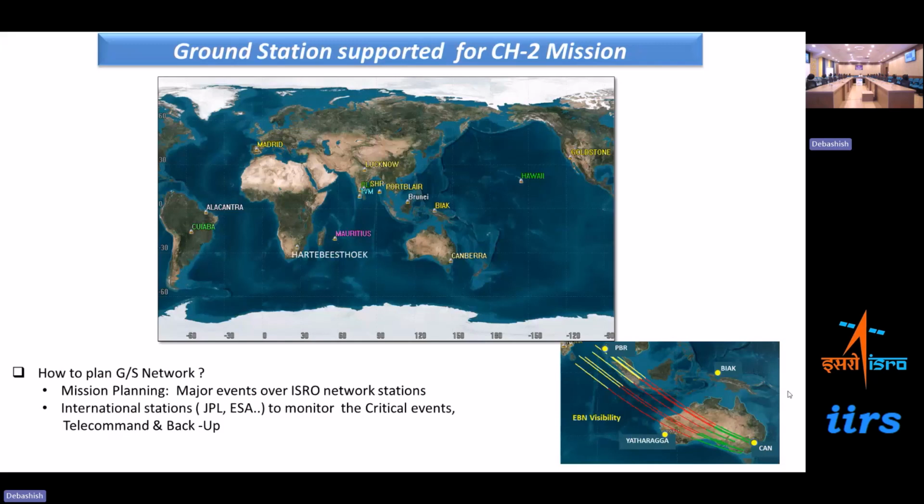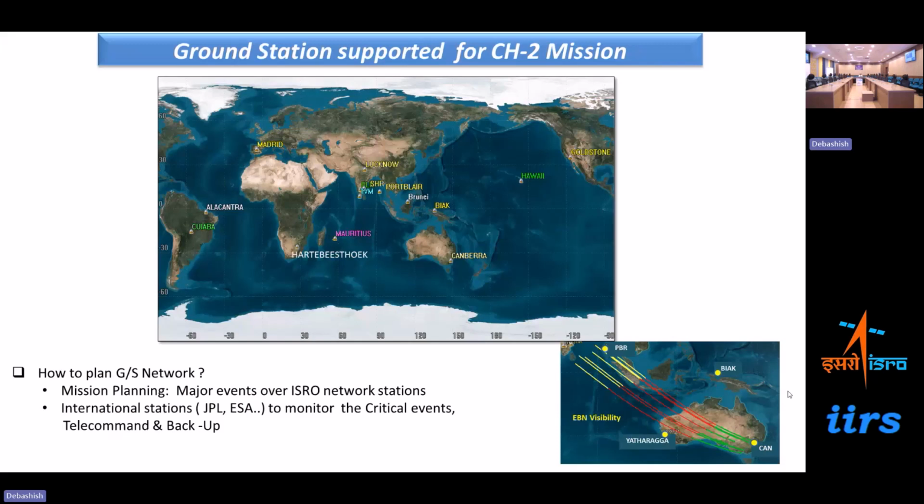We don't want to miss any telemetry data whenever orbit maneuvers are happening. So we will first try to do all the maneuvers over the Indian stations, so that we use our own stations as much as possible.